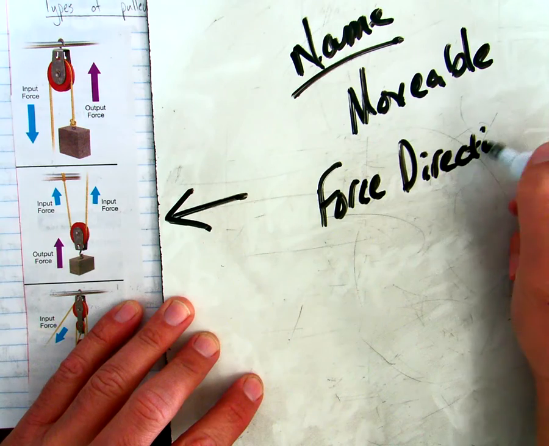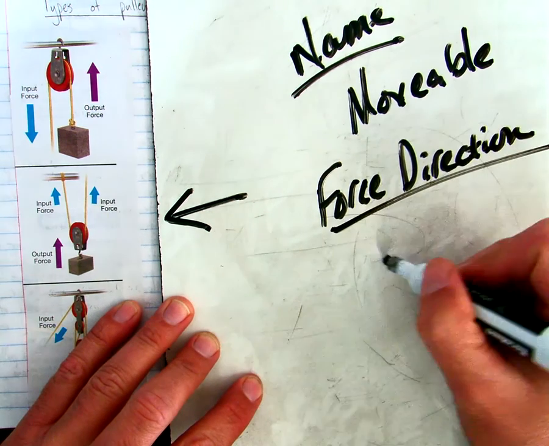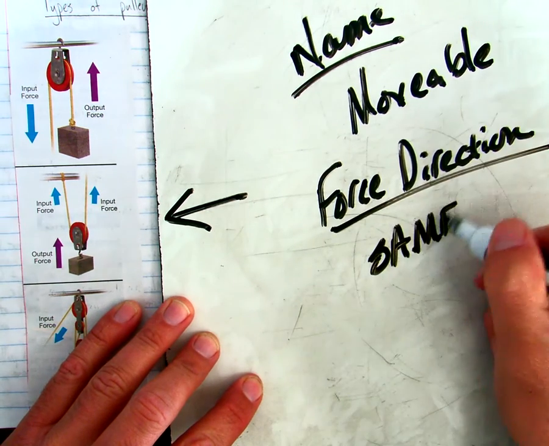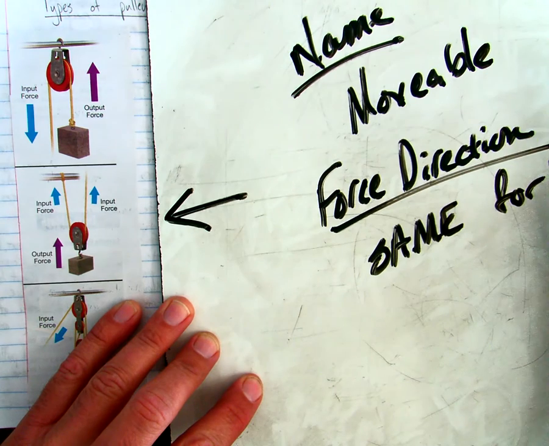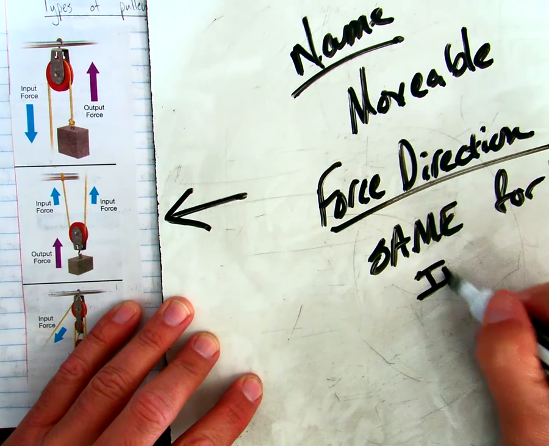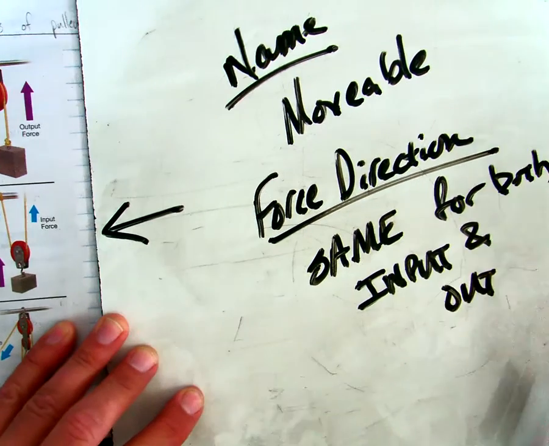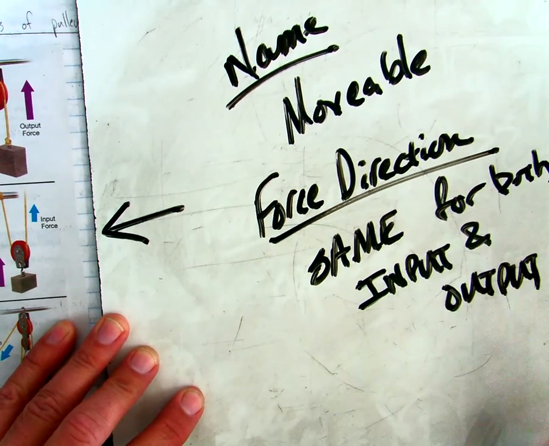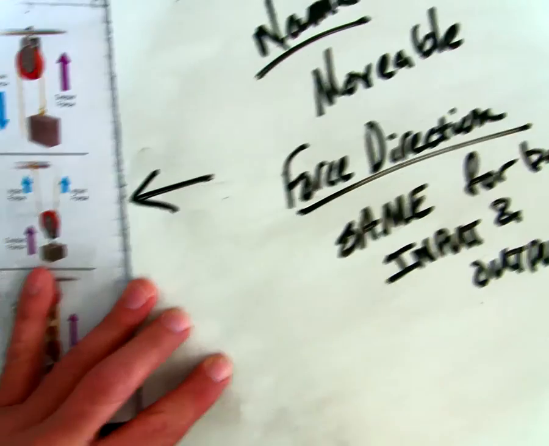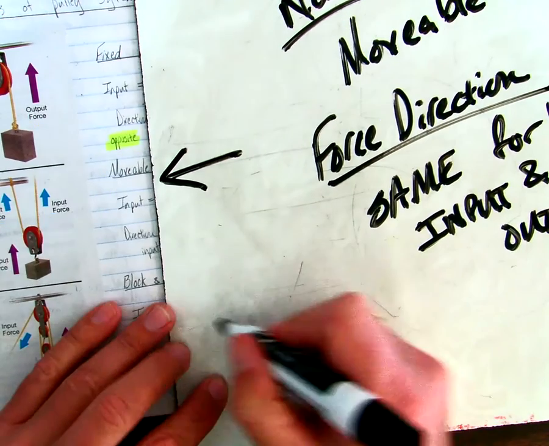You can cheat there and use those arrows. Force direction is the same for both input and output. What about our last detail here? What's our mechanical advantage?